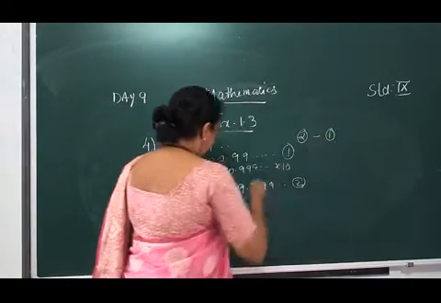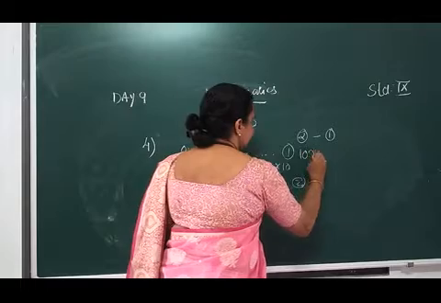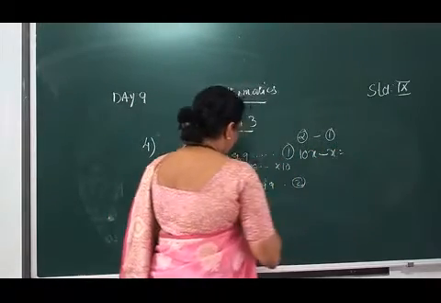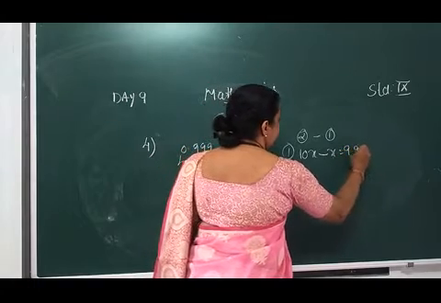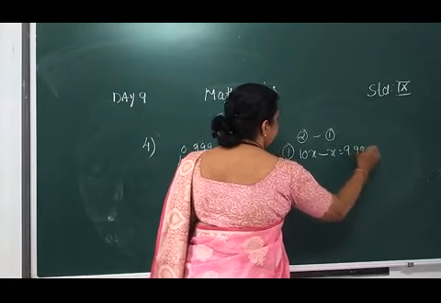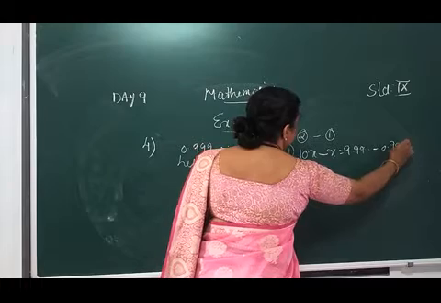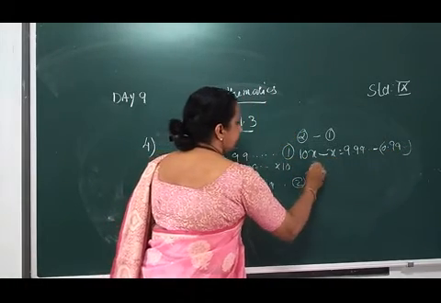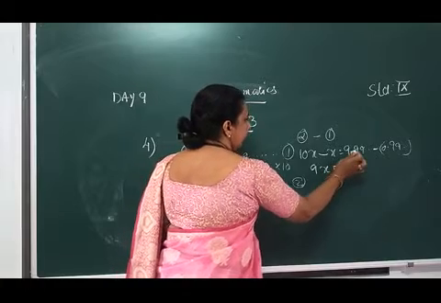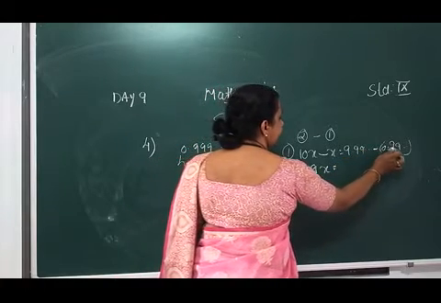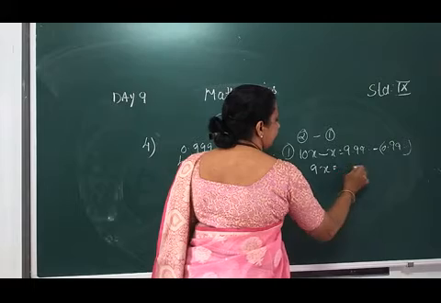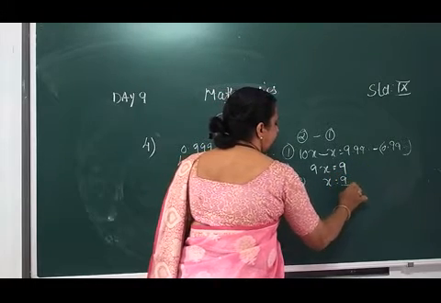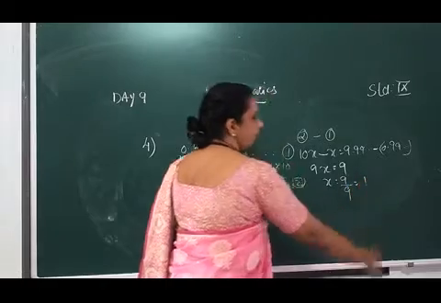We get left hand side of the second equation 10x minus left hand side of the first equation x, that is equal to right hand side 9.99 etc. minus 0.999 etc. Here 10x minus x, we get 9x, and 9.999 etc. minus 0.999 etc. we get 9. Then x is equal to 9 by 9, we get 1.